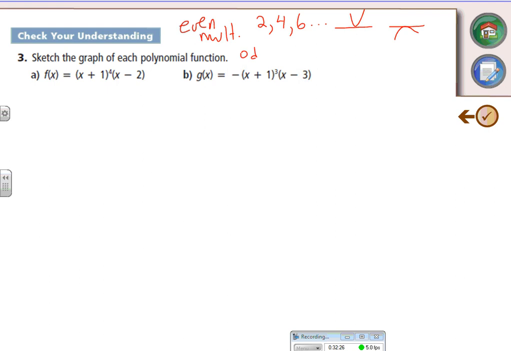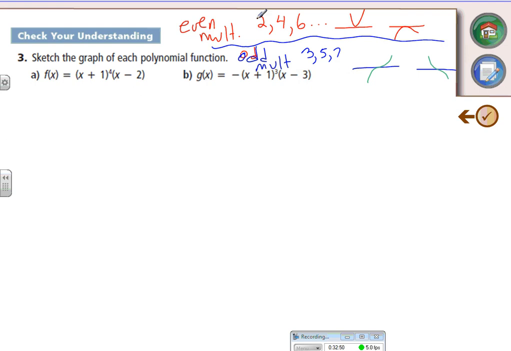If there's an odd multiplicity, I'm going to say 3, 5, or 7, it's going to do a slight turn in one of those two directions.